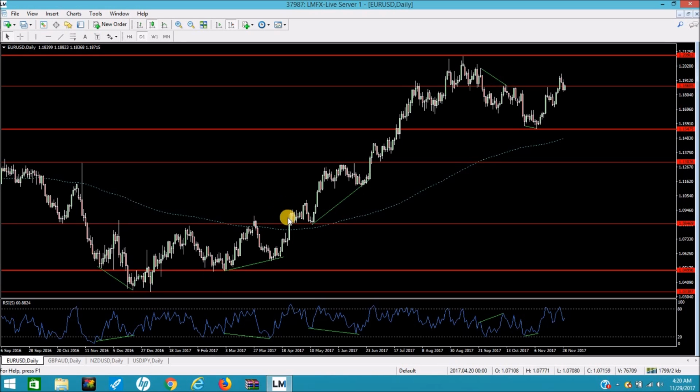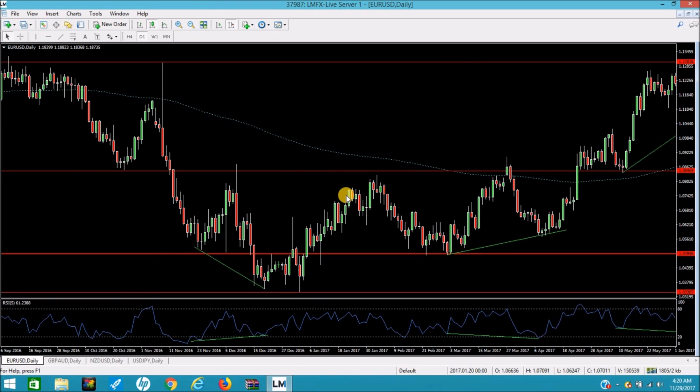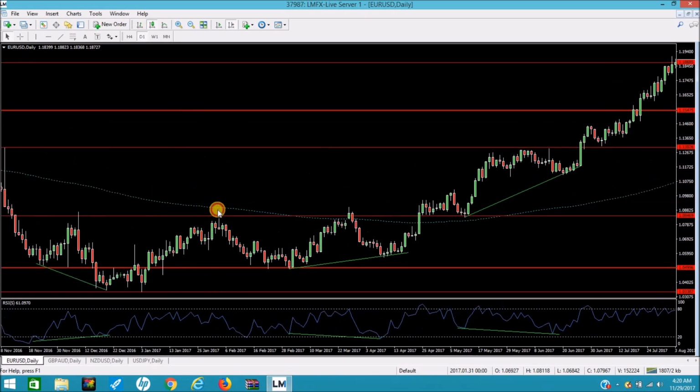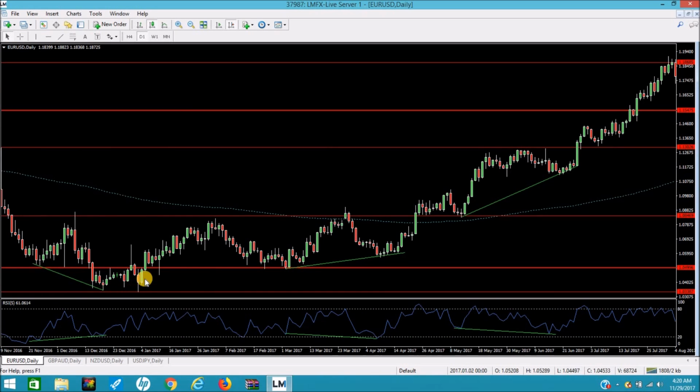When price is in an uptrend, we're always looking to buy when price comes near a support area. Let me zoom back in a little bit. We missed this move here. Price went up, touched resistance, and came back down to a support. Now we already know price is in an uptrend, so we're looking to buy here, looking for some type of confirmation.